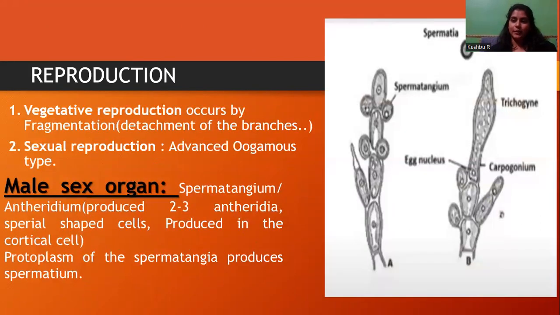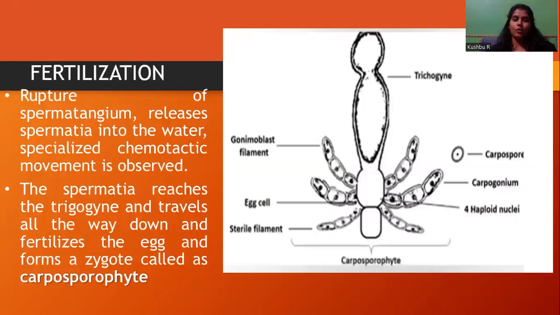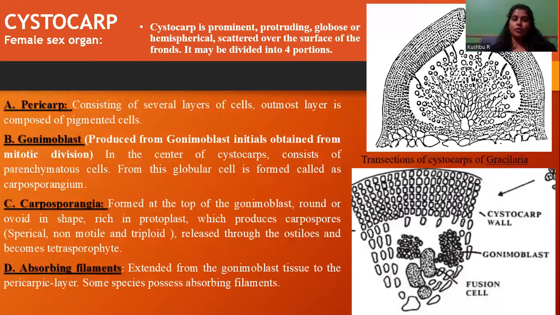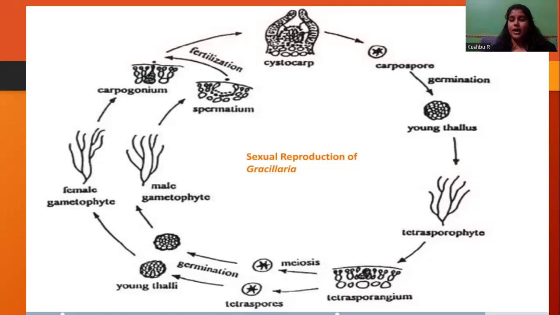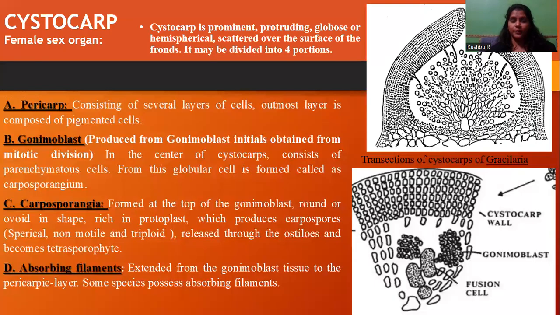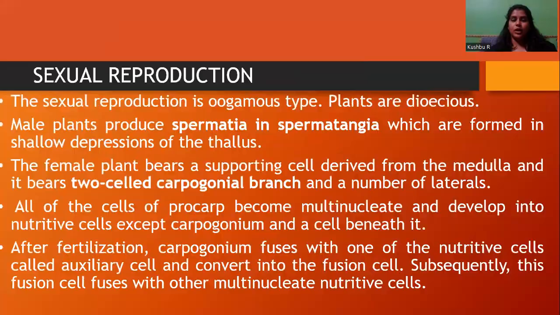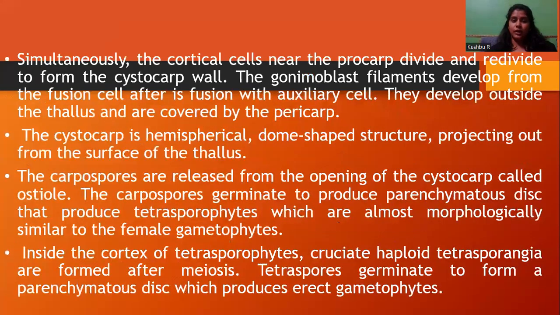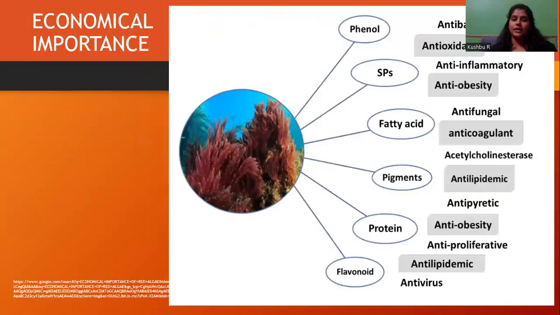Then comes the reproduction of Gracilaria, how different it is, and then how your sexual reproduction and your sporophytic and gametophytic shift occurs, alternation of generation is justified, and then we spoke about the asexual reproduction and concluded it with the economic importance.